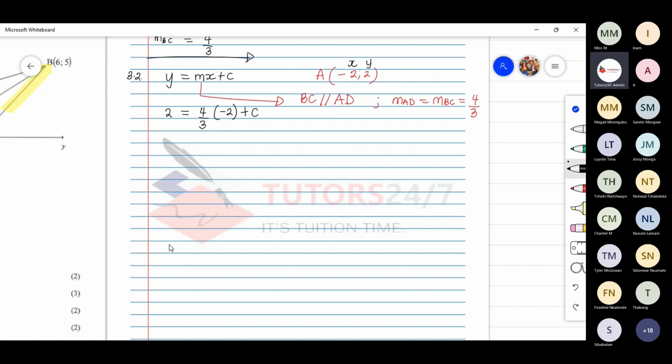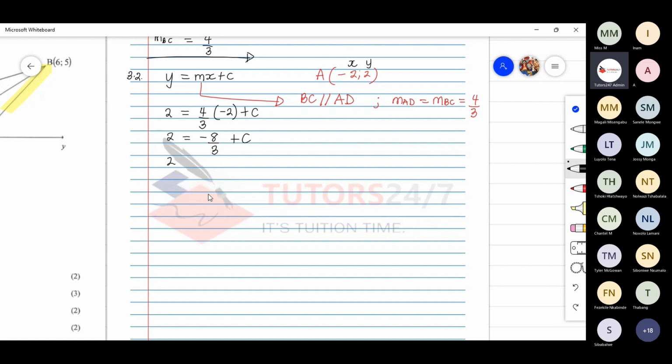Our whole goal of this is to find our value of c. From here, we have 2 equals -8/3 plus c. From there, all we now need to do is move -8/3 to the left and add up the left-hand side, and that will give us our value of C. So something important to take note of is that when we move a negative value, it will become a positive value.